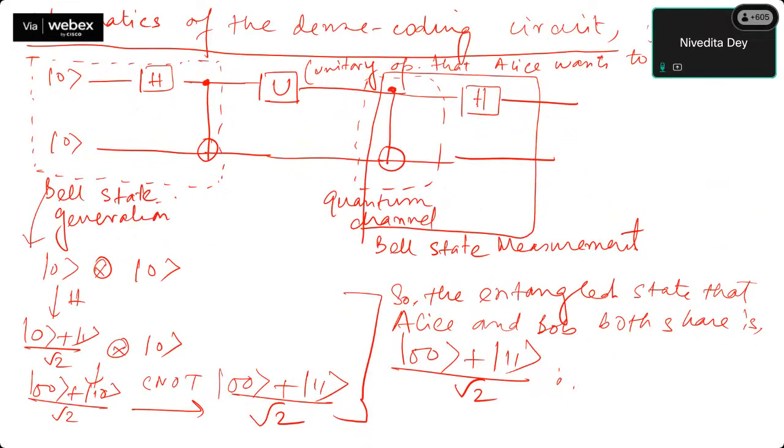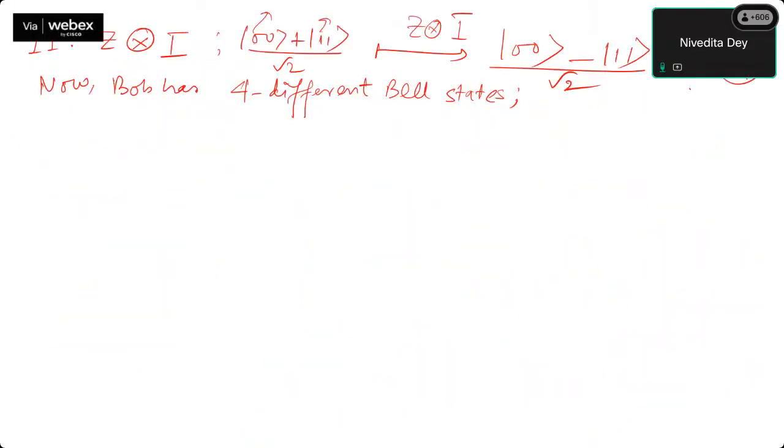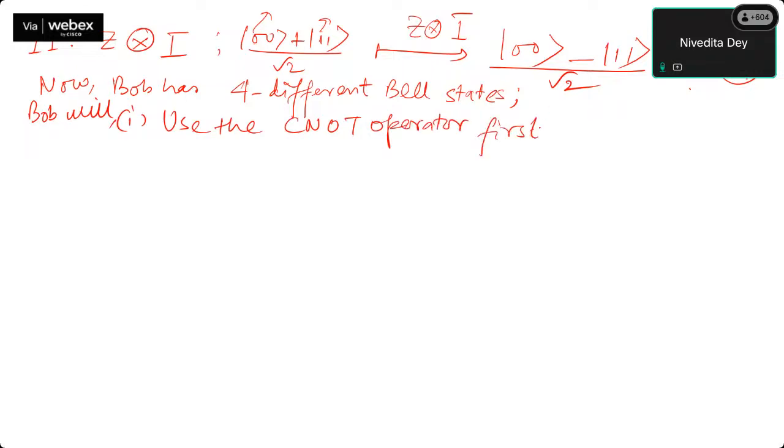See, Bob will be using one CNOT operator first. Now, what will happen on the effect of CNOT?